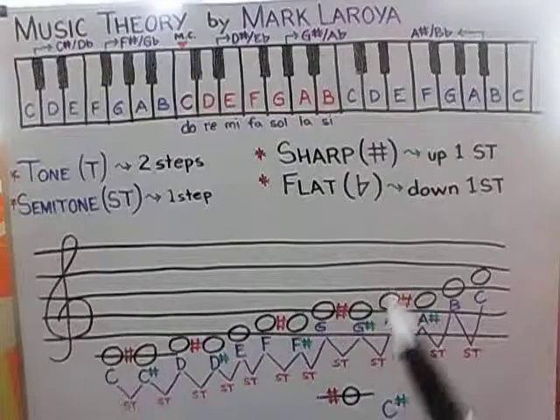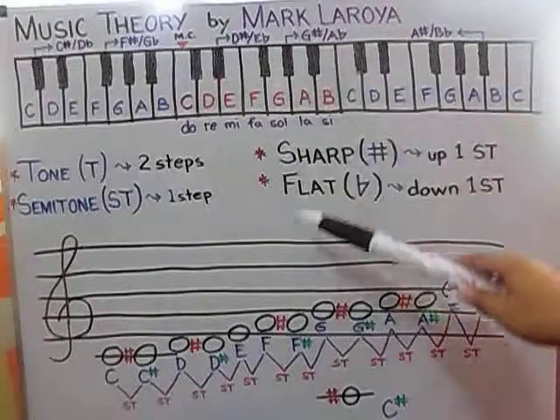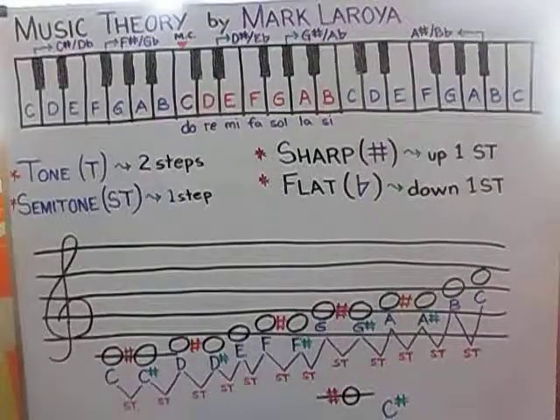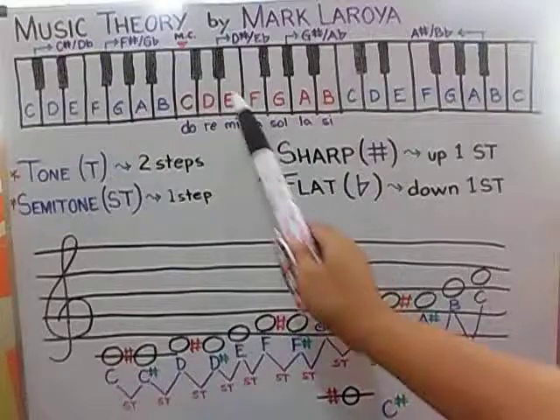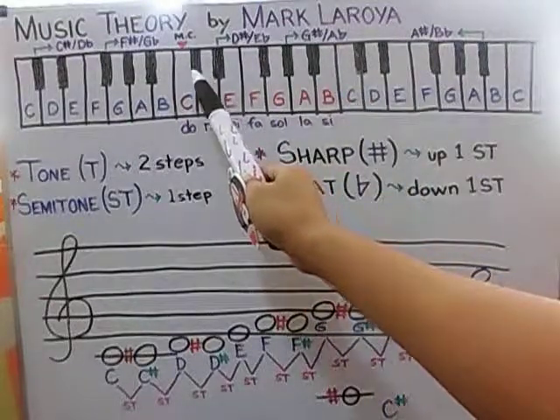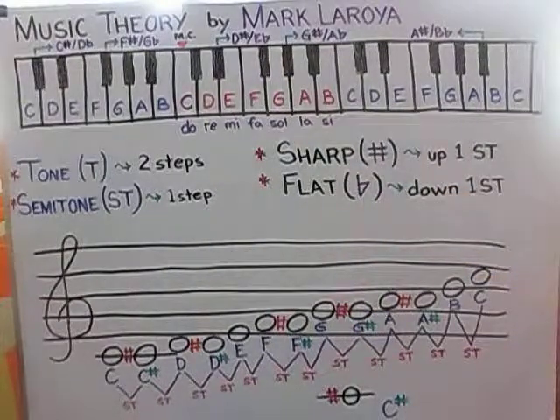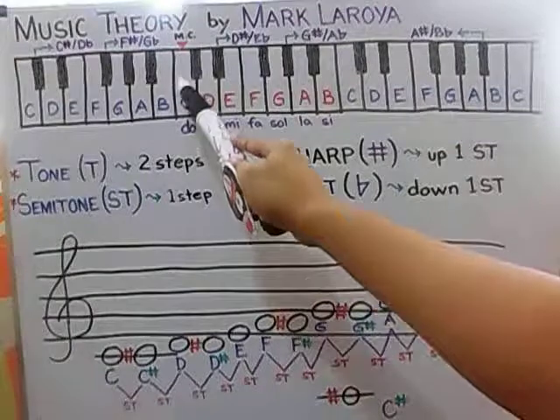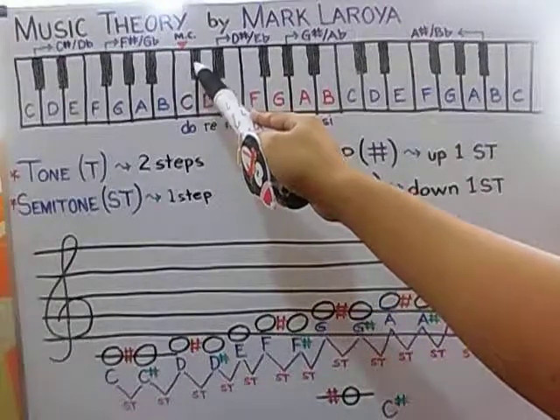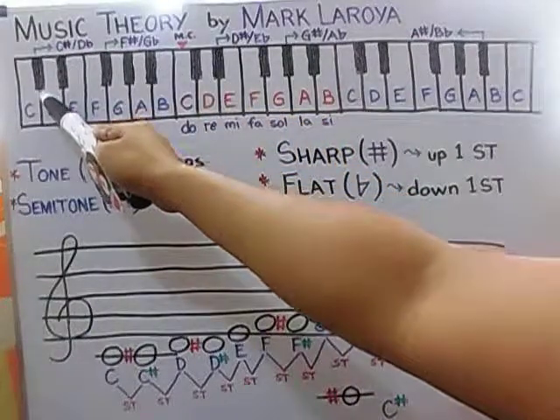Okay. So for now, we should already be familiar with the notes on the staff. First of all, these black keys represent the sharpened and flatted notes. For example, C. One semitone up is C sharp. This one.